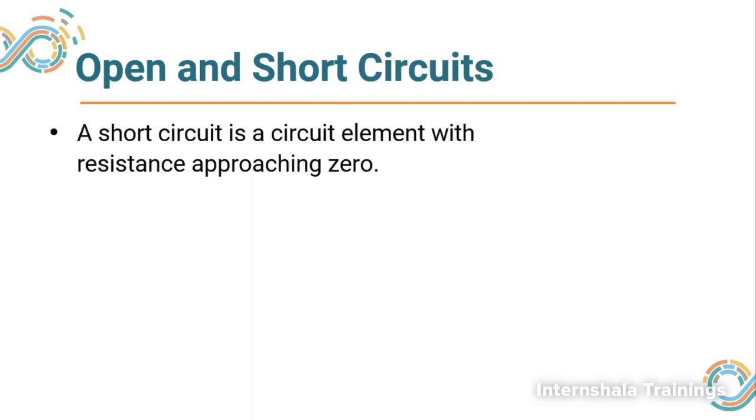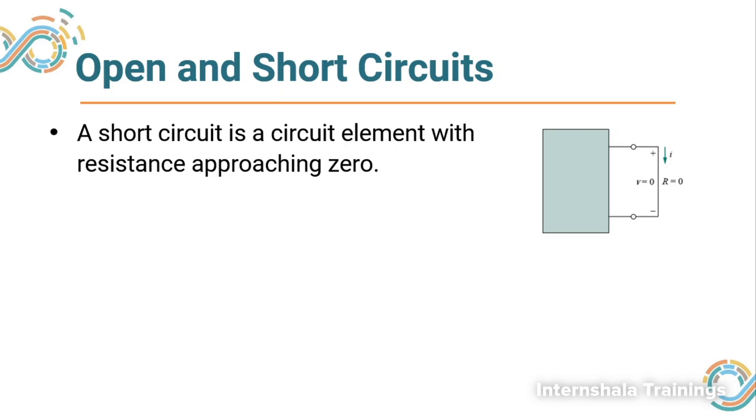A short circuit is the one which is having almost zero resistance between the two terminals. So if I have two terminals, I call them A and B, then the effective resistance between them is almost zero. A finite or infinite current can flow and the voltage, which is I into R, since R is 0, that means voltage will be 0.